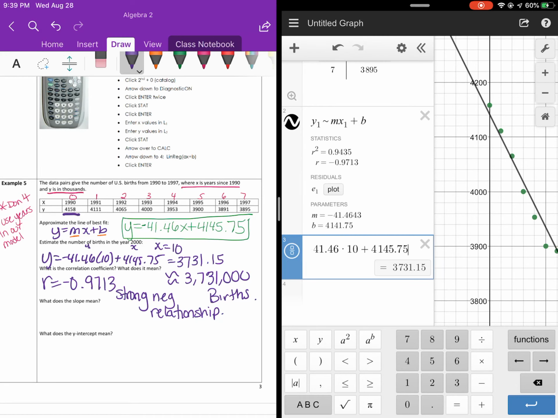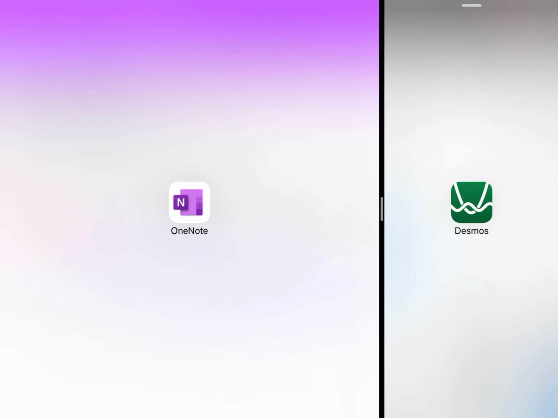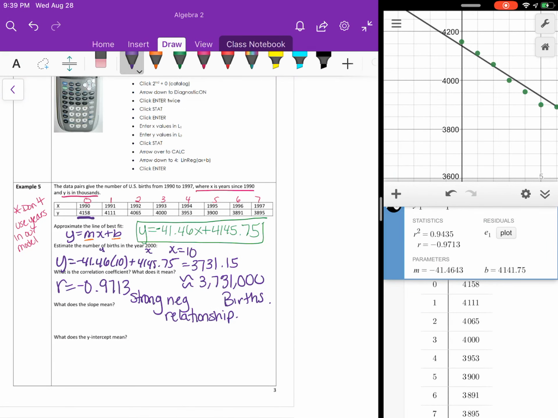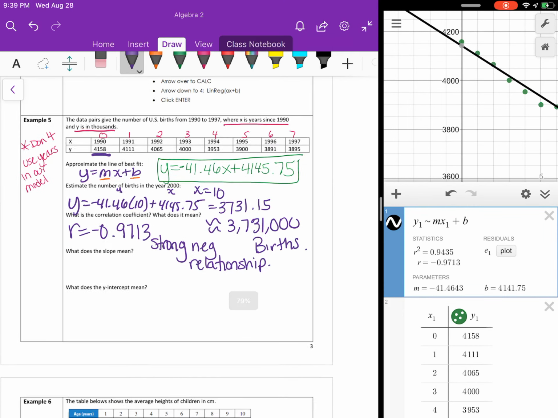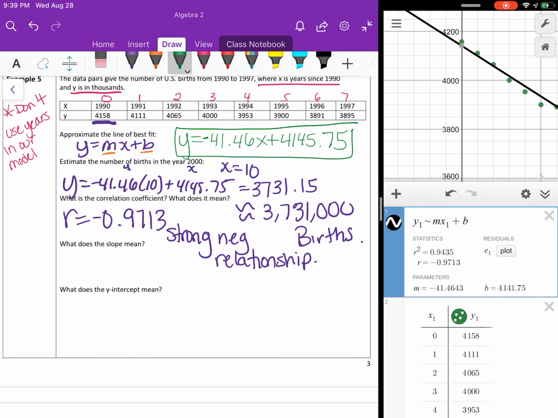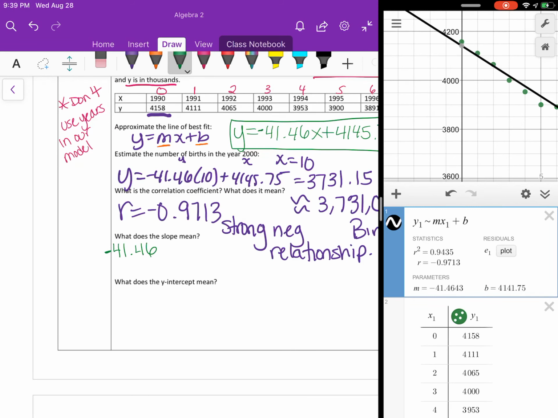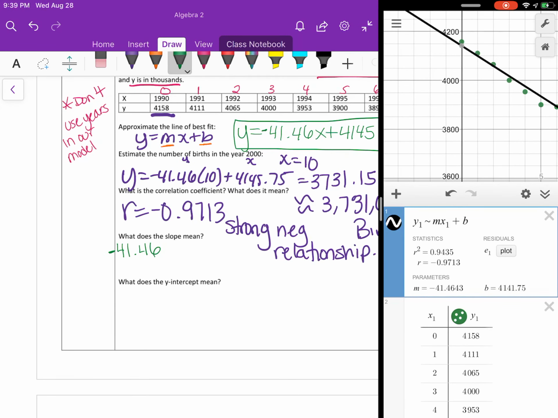What does the slope mean? So I'm going to get rid of this for a second. The slope in this line was negative 41.46. Now we have to remember that the y values are going by thousands, and slope is rise over run.